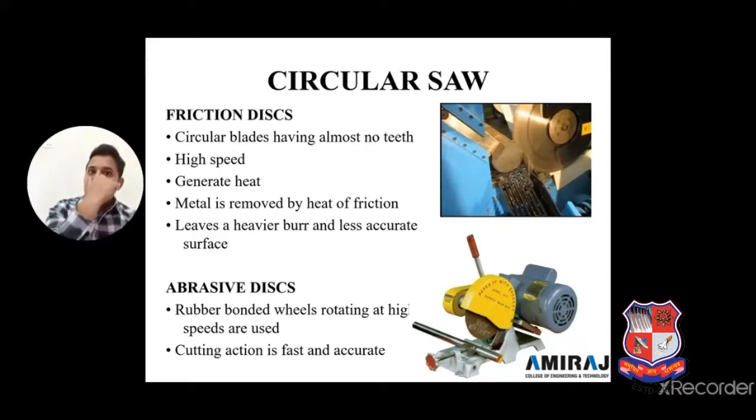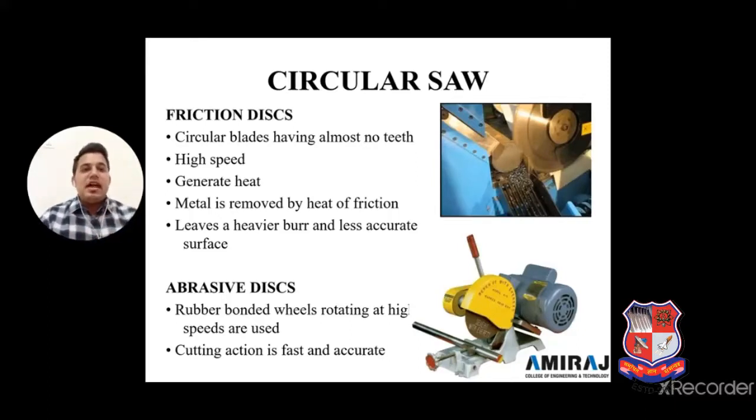What do you mean by the friction disc? It is a kind of disc which has a knife edge. It is for high speed purposes and generates heat. Metal is removed by the heat of the friction and leaves a heavy burr and a less accurate surface. So it is particularly used for friction kind of cutting.